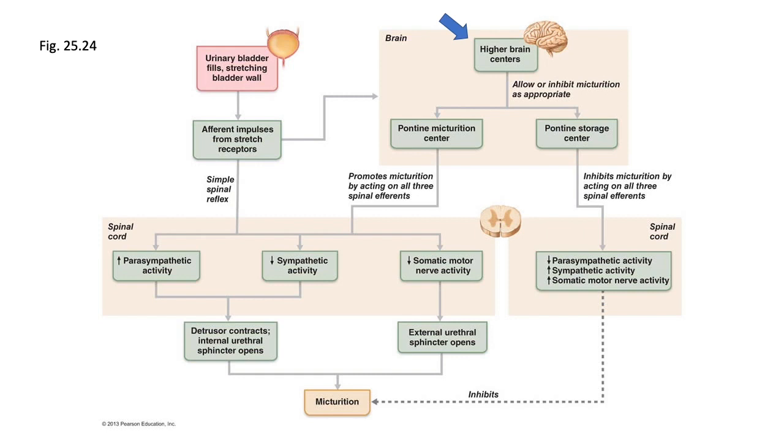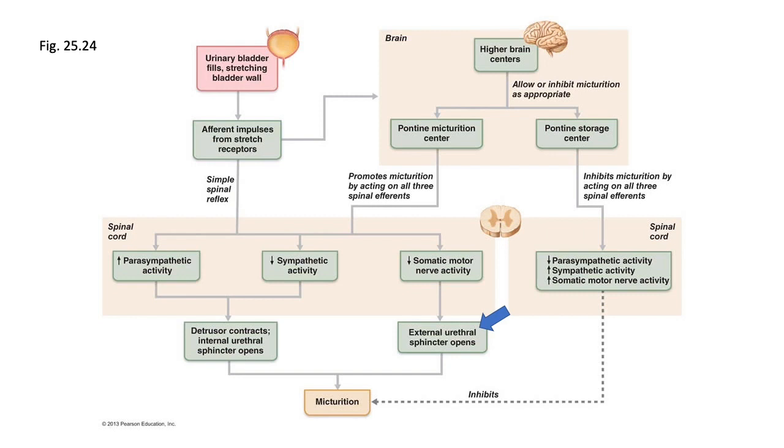If it is appropriate for you to urinate, the pontine micturition center will fire. It will send information by way of efferent pathways to decrease somatic input into the skeletal muscle of the external urethral sphincter, allowing it to relax and open.